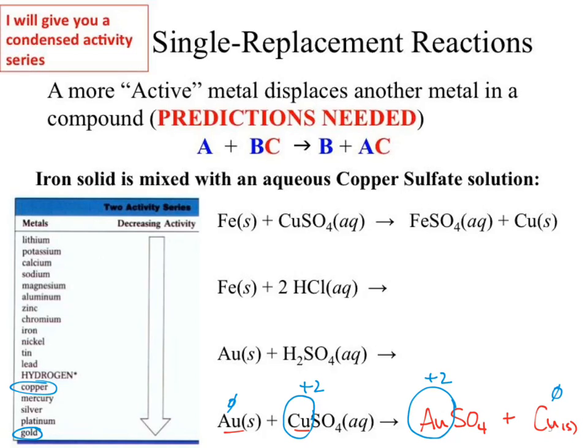So now let's go back to the reaction. Where is copper an ion? It is on the reactant side. So now I take these two things, my copper solution and the gold, and I mix them. Copper is in its ionic state. Does copper want to be in an ionic state? Yes.